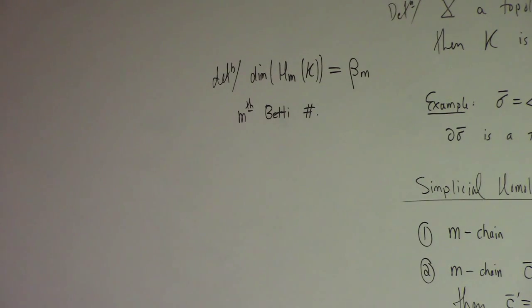There's two ways I could go at this point. I could spend the last 20 minutes of class showing you an example of how to calculate the homology of some space, and that might be fun.